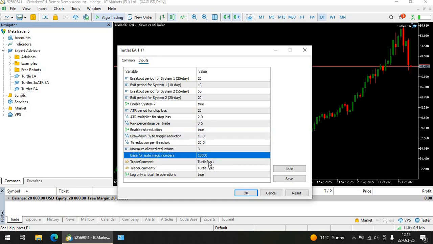Next, the magic numbers. Each trade has its magic number, and in the experts tab you will see only the critical operations. Now I will add it with these default settings.